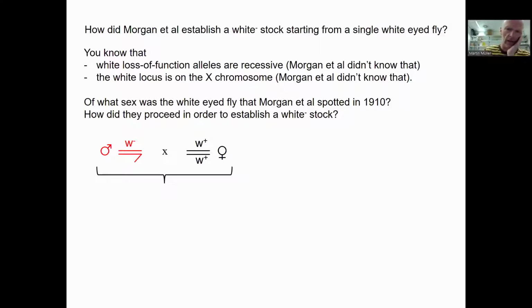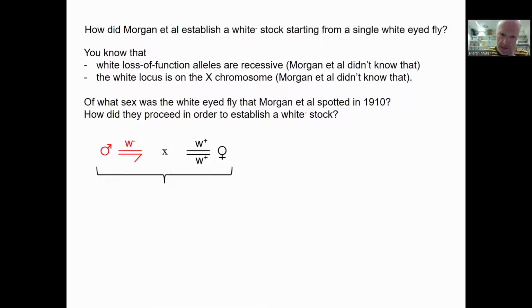This here is the candidate he found, and he crossed it with whatever virgins he could find in his other fly collection, which was wild type, basically. So it had 2 copies of the white gene. Females are XX.